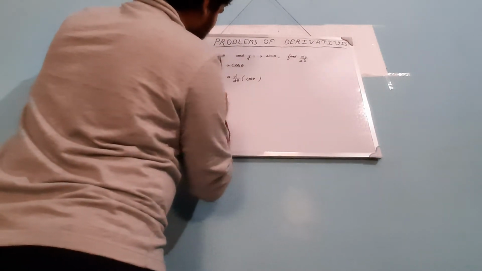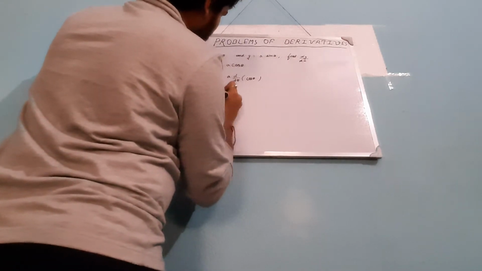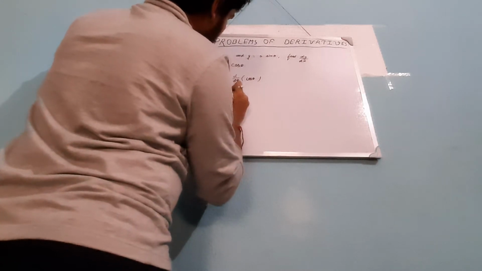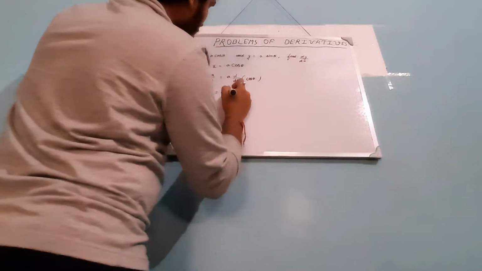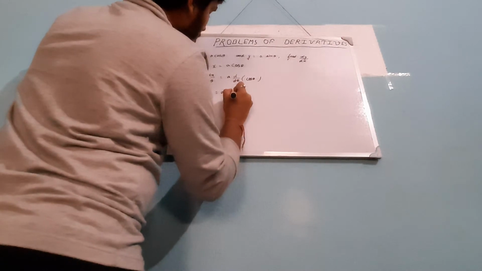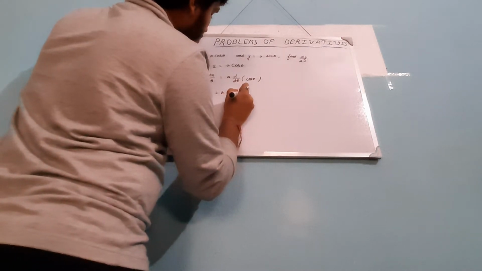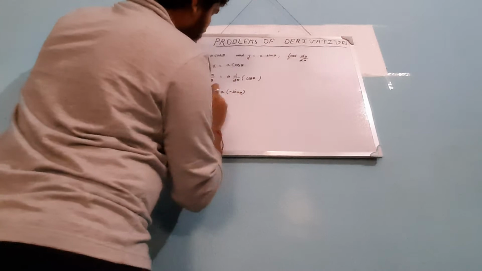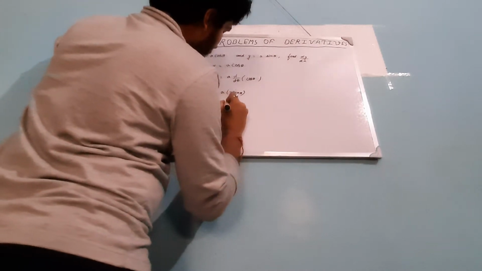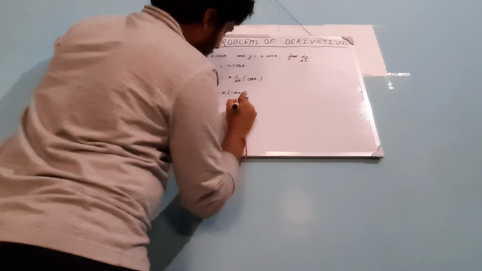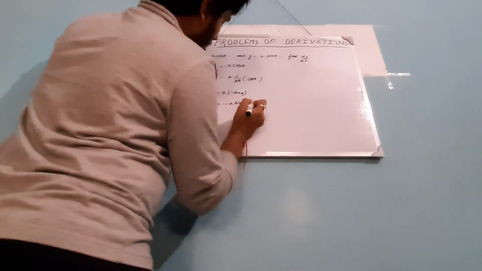You know the formula: dx by d theta equals a into minus sin theta. So minus a sin theta.